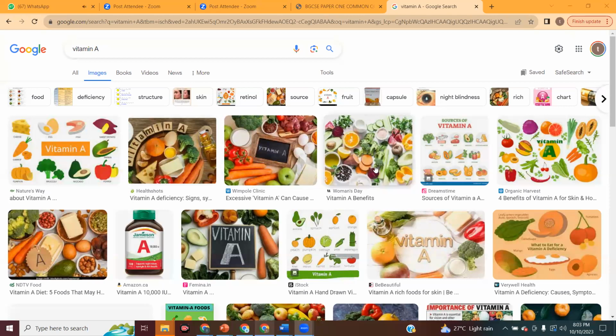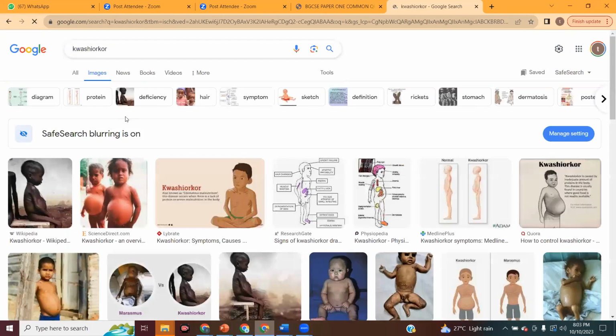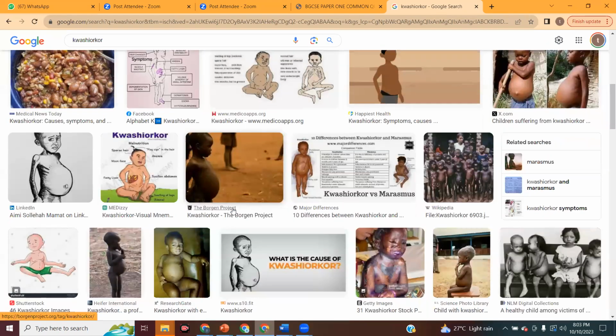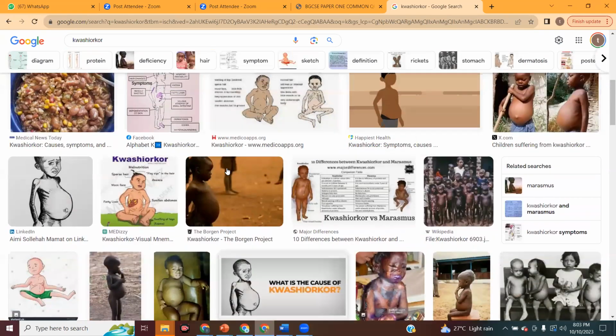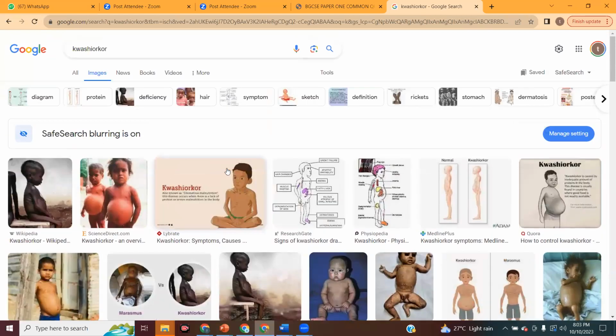Okay, good. Now the last one is the one where you're missing protein. How do we pronounce that? Kwashiorkor.